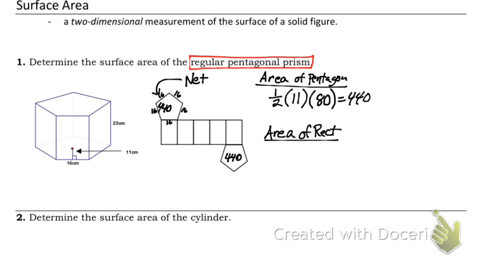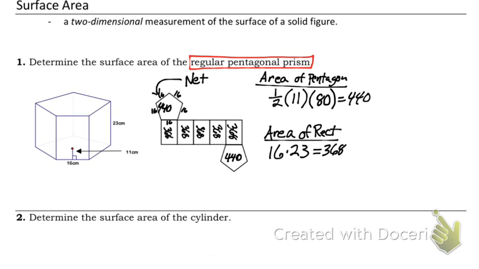So that's 16 times 23, and that's going to come out to 368. So each of our rectangles is 368 centimeters squared. So I'll put that in for you, 368 on each one. Whew, that's a lot of 368s.